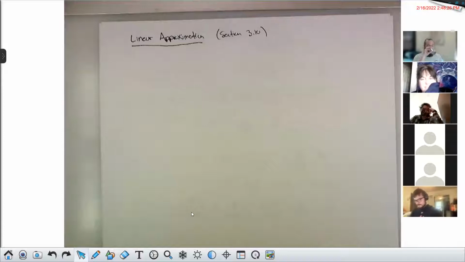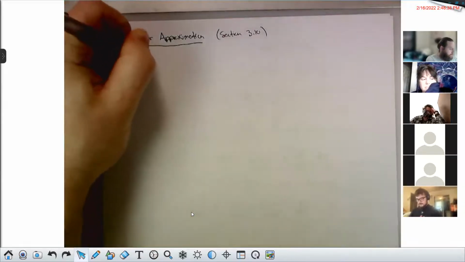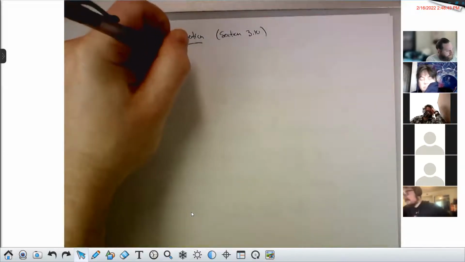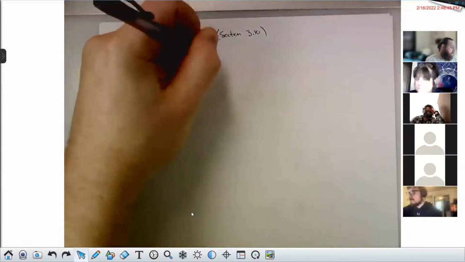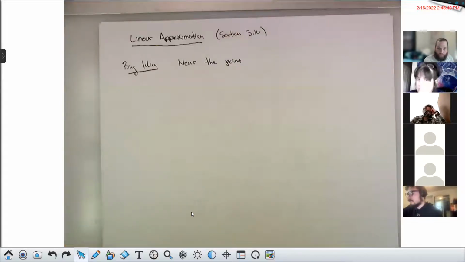But linear approximation is certainly not wrong as a topic. It's just the way they approach that particular bit of notation. The big idea here is that near the point of tangency, you imagine a curve and a tangent line at a point.